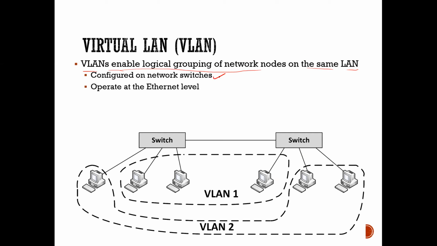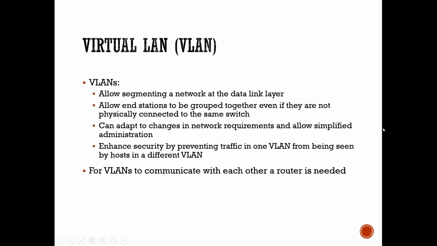We can configure the switches to do that, and it operates at the Ethernet level. يعني في الإيثرنت في الإعدادات حقت الإيثرنت نقدر نعملها في عملية السبنتنج والأدرسنج. أوكي. الVLANs إيش ميزاته؟ تسمح أو allow segmenting تقسيم أو تجزئة network at the data layer, allow end stations to be grouped together even if they are not physically connected to the same switch, can adapt قادر على التكيف to changes in network requirements and allow simplified administration.